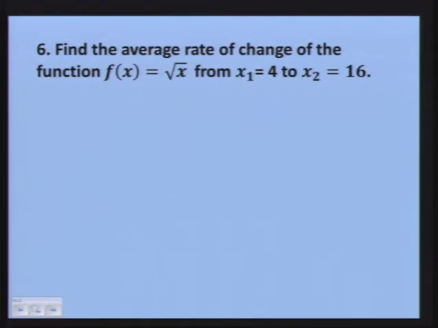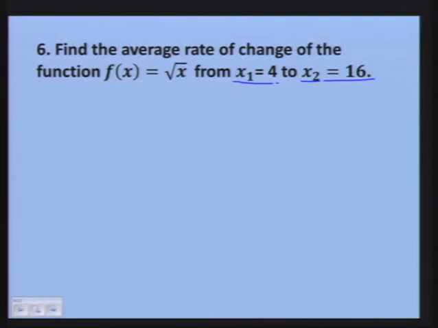So if we want to find the average rate of change of the function f of x equals the square root of x from x sub 1 equals 4 to x sub 2 equals 16, we can do that. It's going to be the slope of the line connecting the 2 points, where the x of the first point is 4 and the x of the second point is 16.